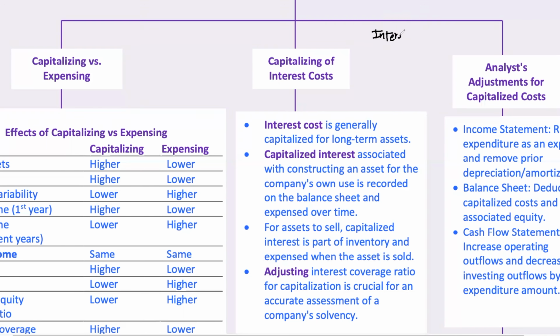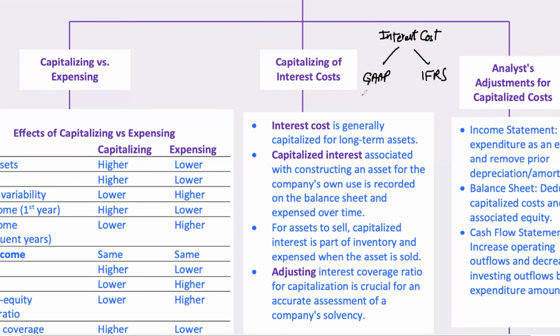Accounting differences. Here's a tricky part. US GAAP and IFRS treat interest expenses differently. Under US GAAP, interest is usually an operating cash outflow, while IFRS allows it to be either operating or financing. This difference can affect cash flow comparisons between companies using different standards.